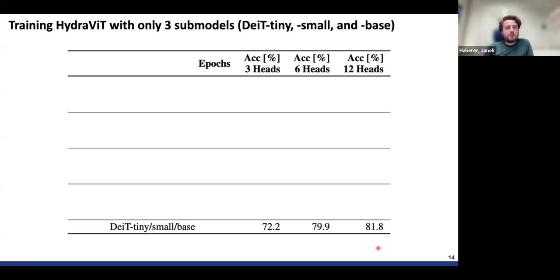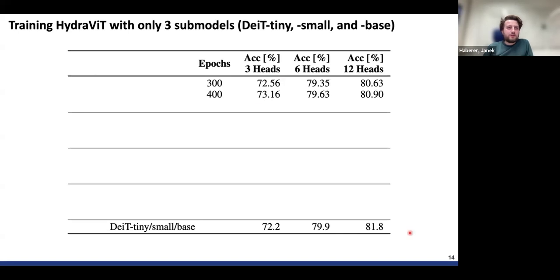And what we do now is we train our HydraViT for 300 epochs. So technically in total, we are now at 600 epochs. And we can see that our tiny accuracy is already better, which makes sense because we initialized with tiny. And our 6 head is quite close, I would say. And 12 heads is kind of far off.